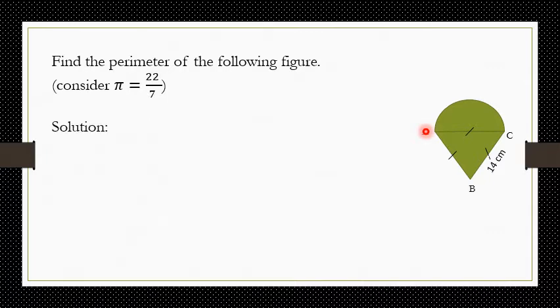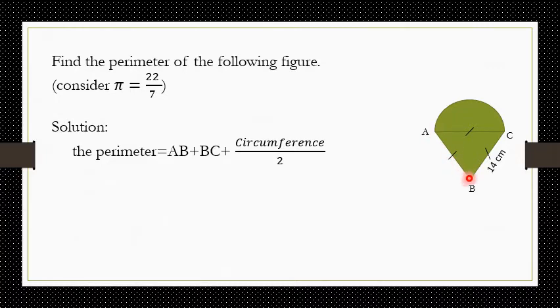Consider pi equals 22 over 7. Now the perimeter equals AB, that side, and BC, and the half of the circumference of the circle. Now the perimeter equals AB plus BC plus circumference divided by 2, or half of the circumference.